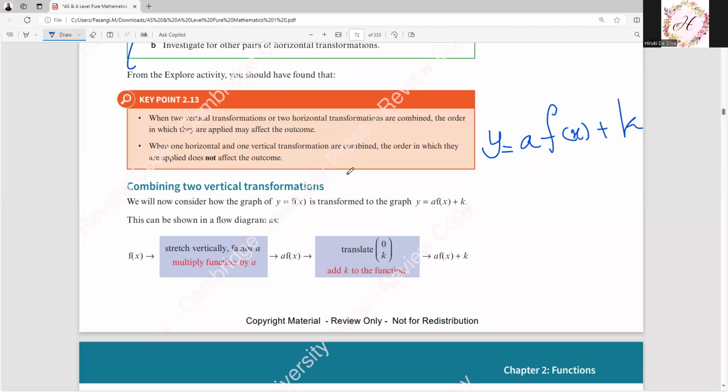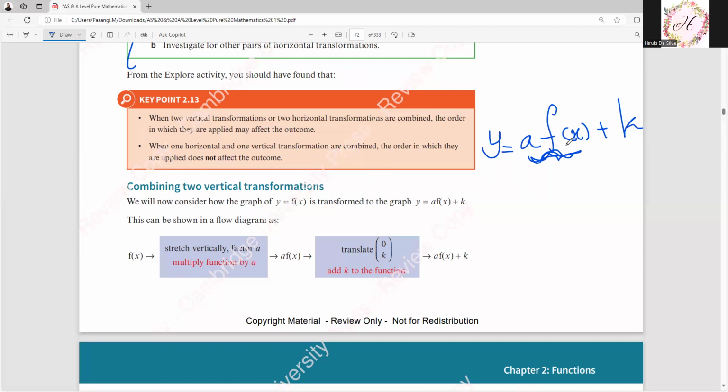Here we are combining two transformations. The first vertical transformation is multiplying by a, which is the stretching part, and then we have to move the entire curve along the y-axis, I mean vertically, k units upwards.